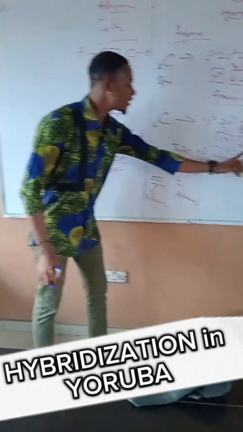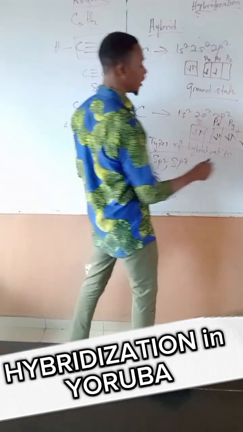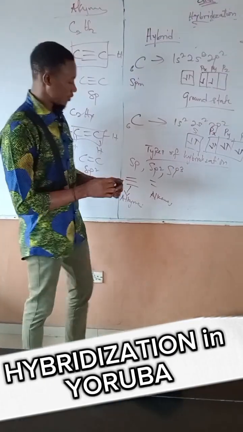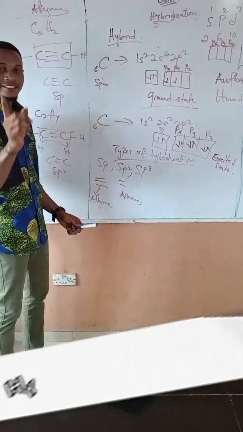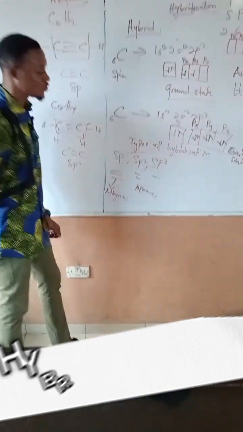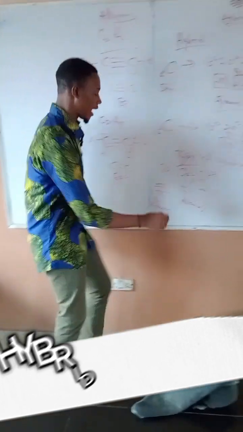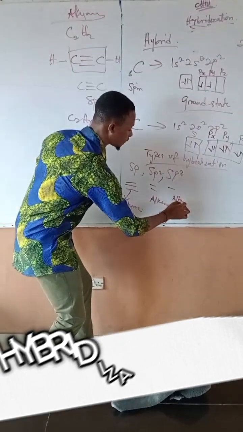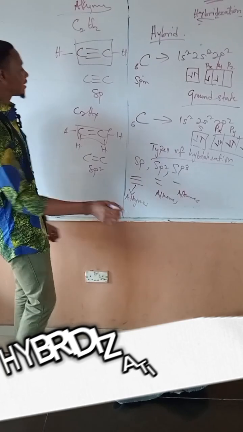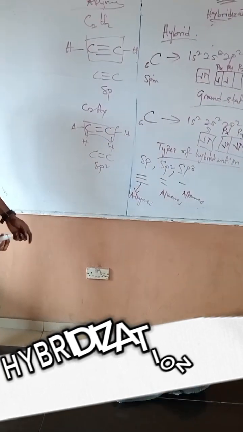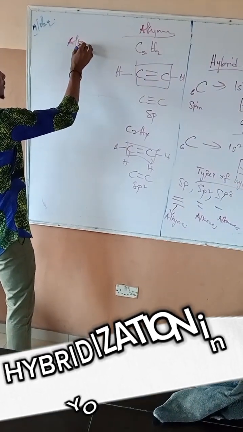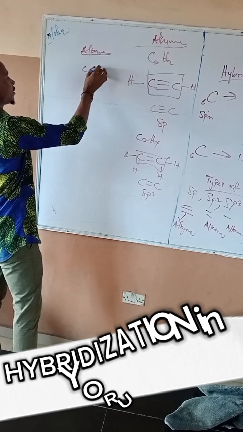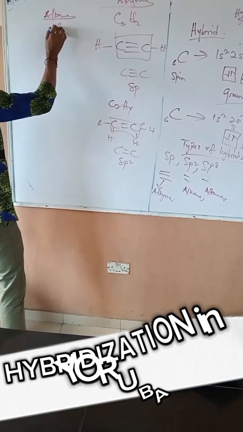Now, for the sp3 hybridized, in that case, we have it to be just an ordinary single bond. And we have that one to be an example of alkanes. And in alkanes, an example of that alkane at which we have is methane, CH4.